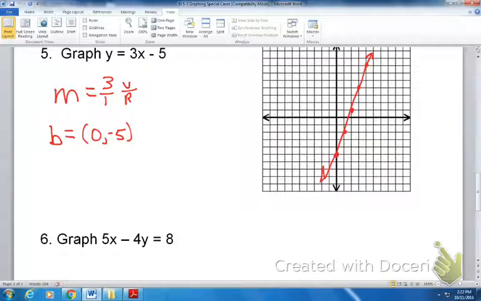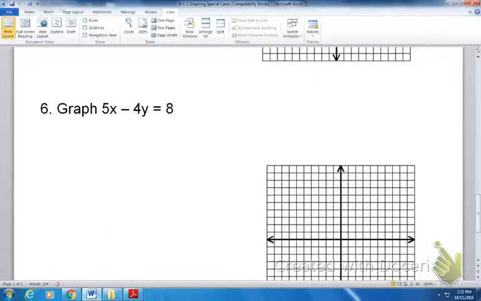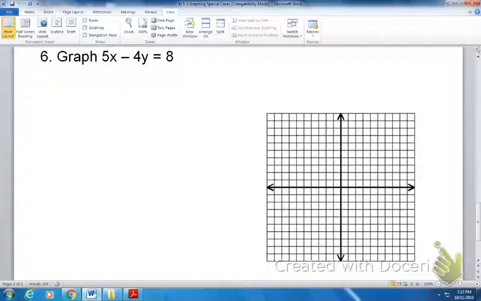However, number 6 is not solved for y. We're going to have to do that before we can graph it. So the first thing we always want to do, move our x's. So I'm going to subtract 5x from both sides. The 5x's cancel. I have -4y equals. Now I'm going to write this differently because I want it to match y equals mx plus b, where the x's come first.